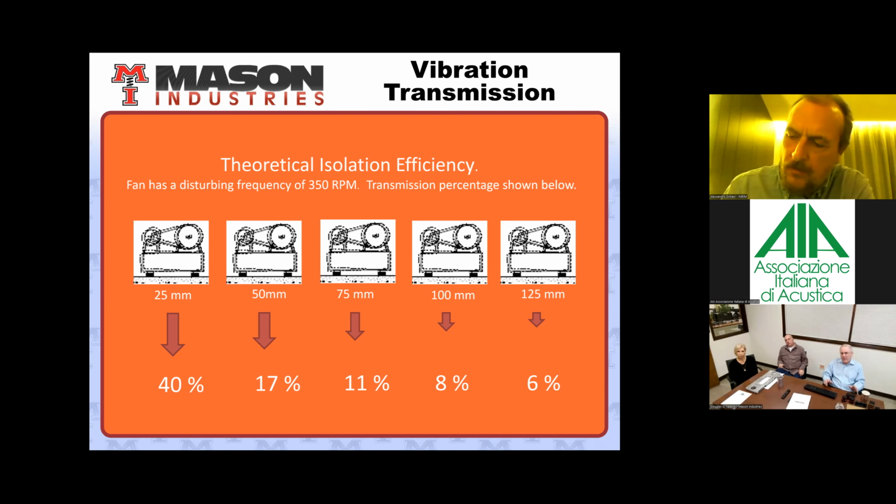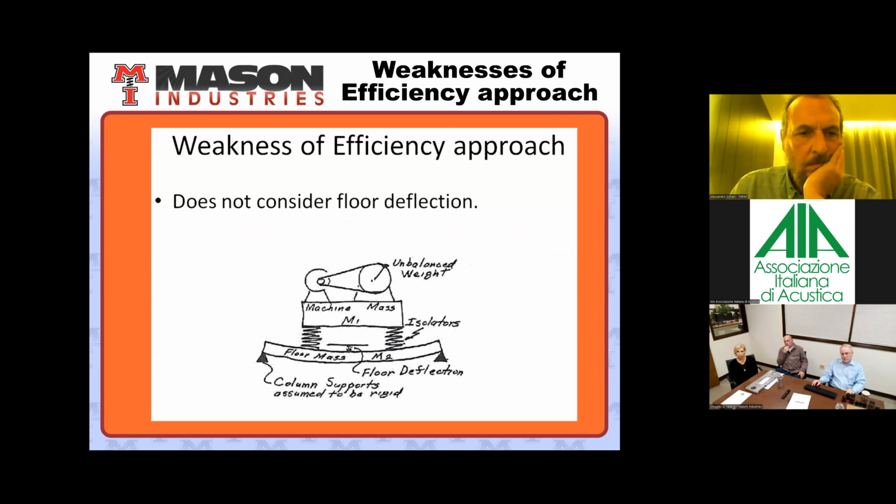So if I put that theoretical piece of equipment on springs that are deflecting 25 millimeters, I'm going to transmit 40% of that energy if I go back to that efficiency equation. If the isolators deflect 50 millimeters, I'm only going to transmit 17%. And if I go all the way up to 125 millimeter deflection, I'm only transmitting 6% of that energy.